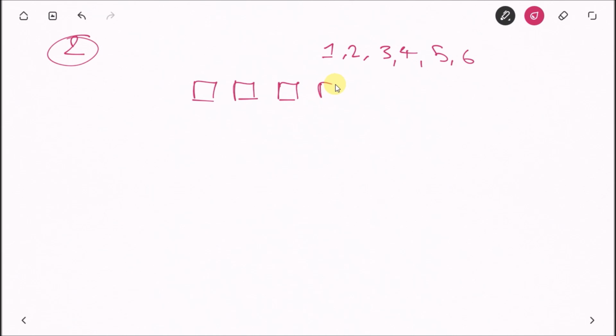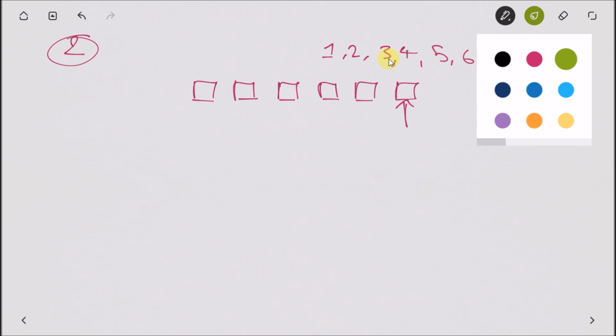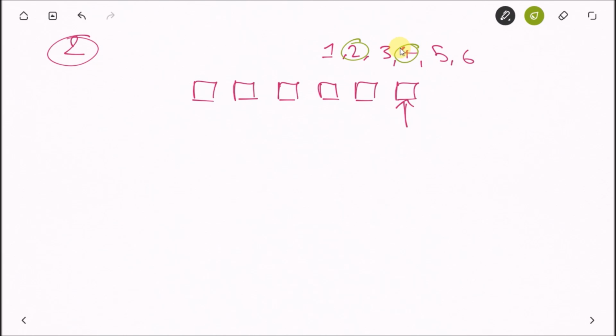I have 6 numbers, 1 2 3 4 5 6, and I have to form a 6 digit number. Now if the number should be divisible by 2, then the last digit should be 2, 4 or 6, not 5 or 1. So here we have three options.